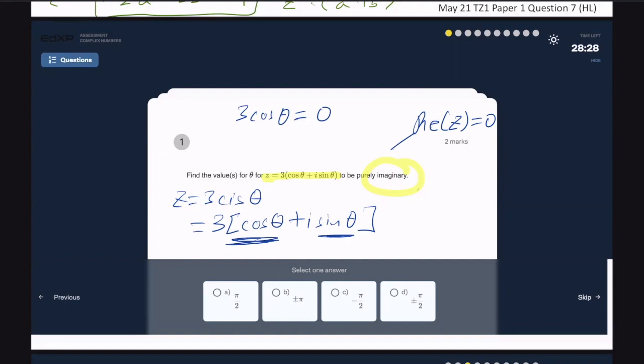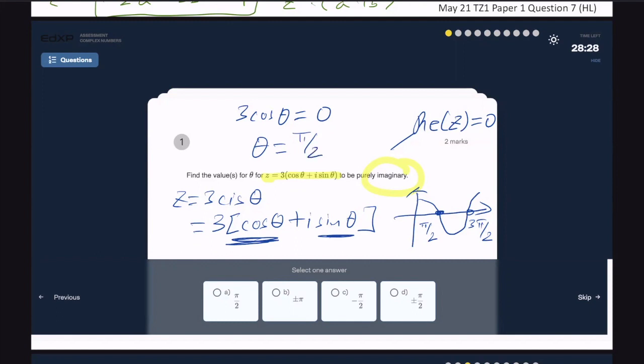And we know that the cosine graph looks something like this, and all the zeros occur at pi over 2, 3 pi over 2, so on and so forth. So I believe for this complex number to be purely imaginary, theta must equal pi over 2. The cos 90 is 0.